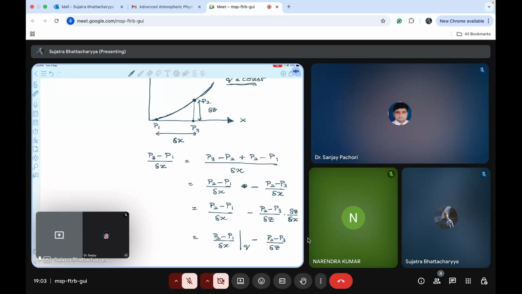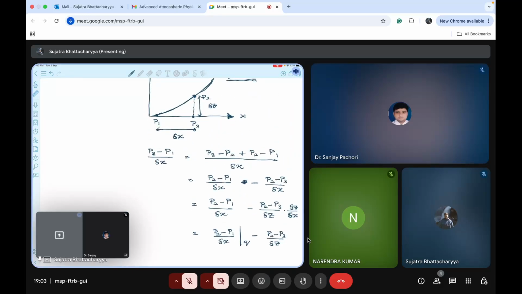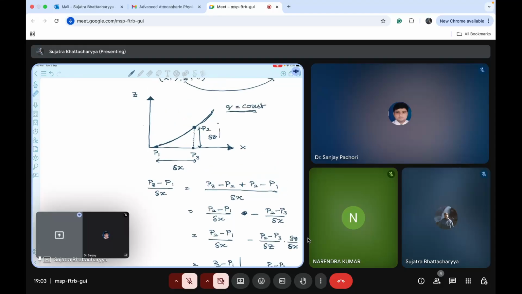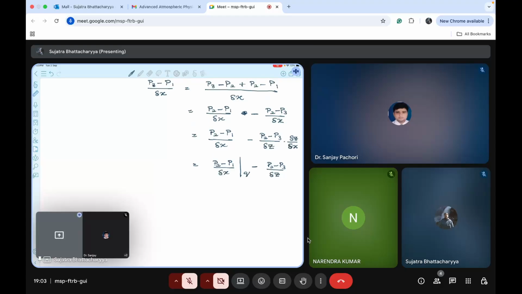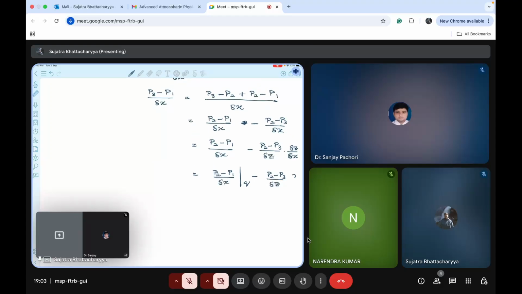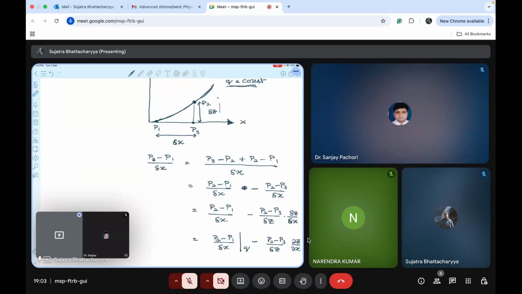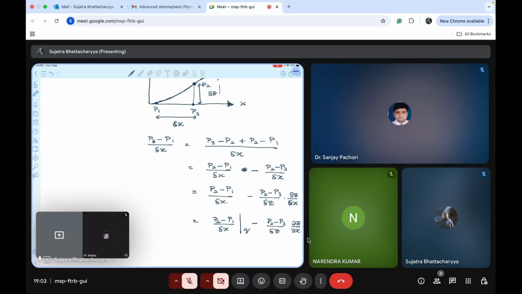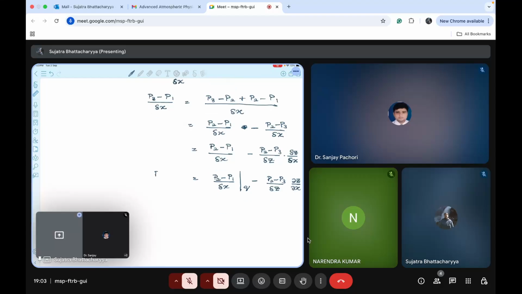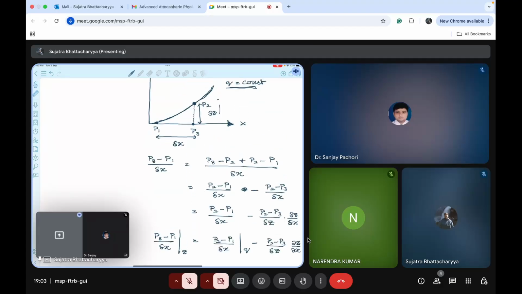Okay. Next, see P2 and P3. This difference is happening in the vertical direction, correct? Because this is the Z. So (P2 minus P3) by delta Z into delta Z by delta X. So what is happening finally? This is of course (P3 minus P1) by delta X, at constant Z. We started with the Z coordinate, right?